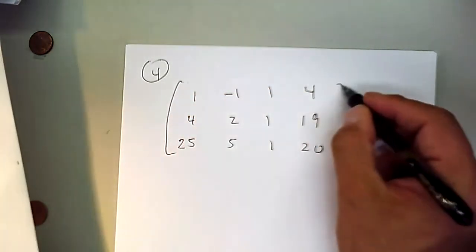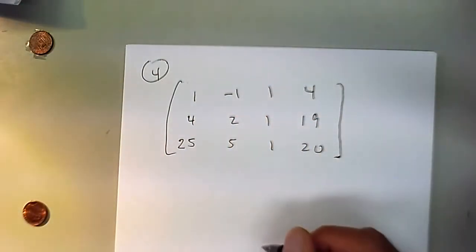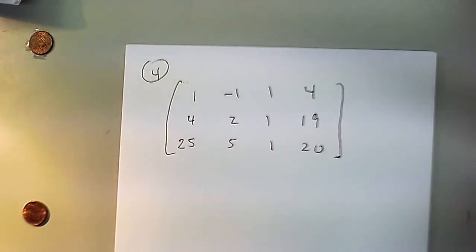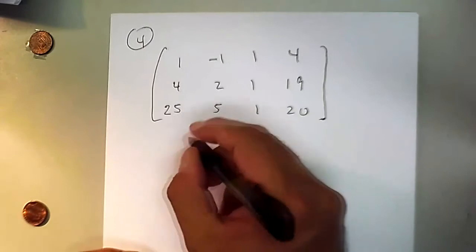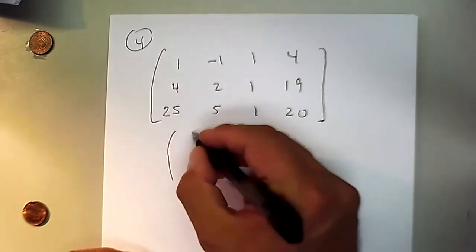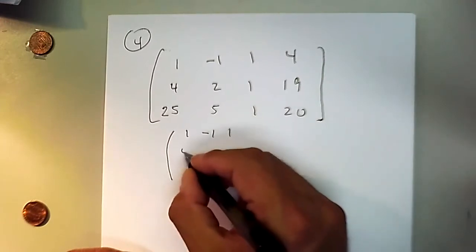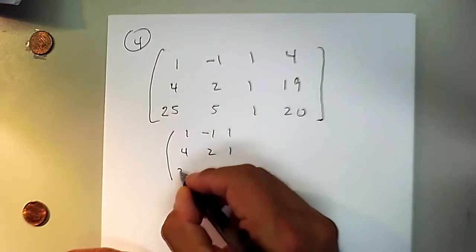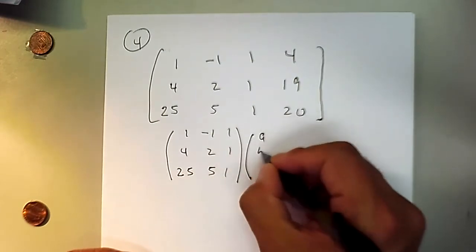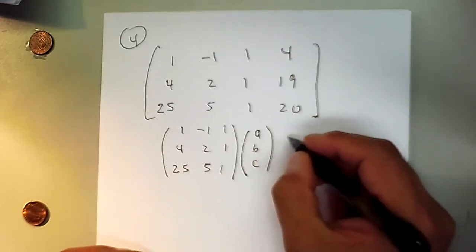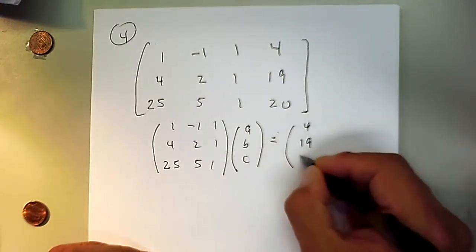And this is the augmented matrix. So I already anticipated there was going to be a solution. So I should have probably started with the matrix equation, 1, -1, 1, 4, 2, 1, 25, 5, 1, times A, B, C, corresponding to the quadratic equation, equals 4, 19, 20.